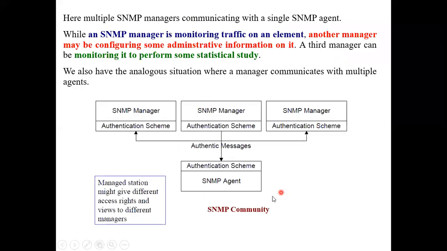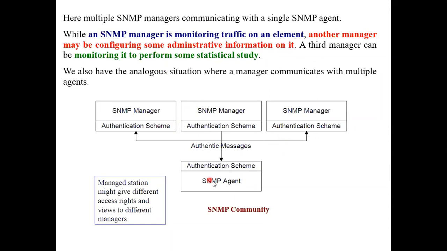Now, let's see an example scenario of an SNMP community. Here you can see there are multiple managers. This is one of the organization models. Remember we had many managers and 1 agent, and one of you had given the answer that every manager is handling some different section.